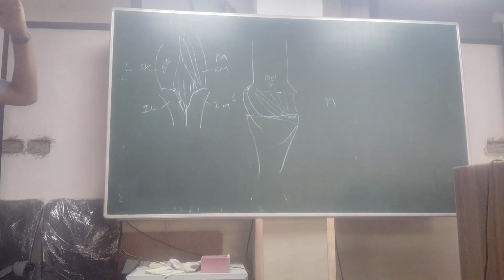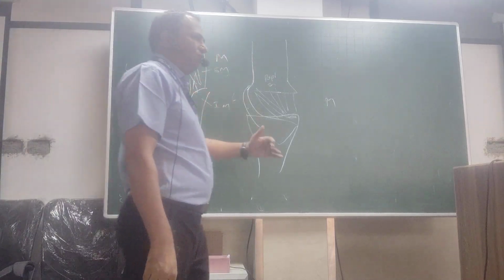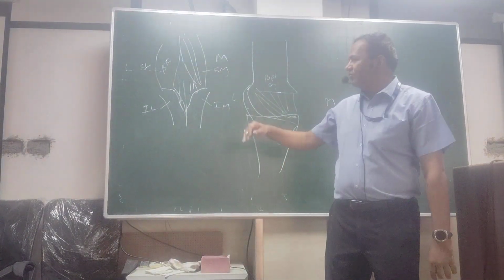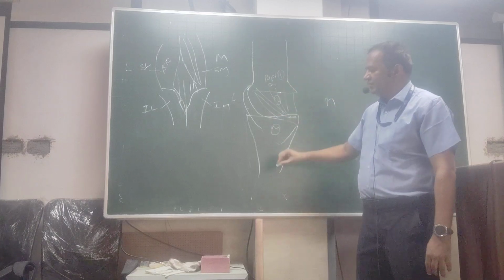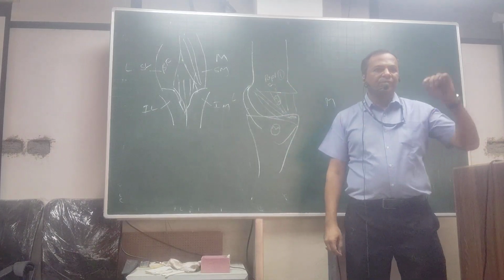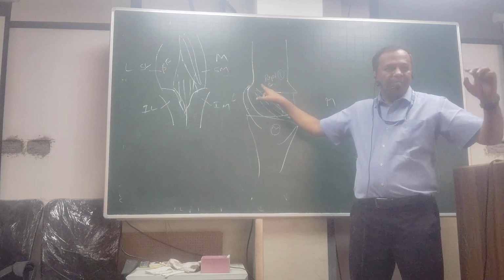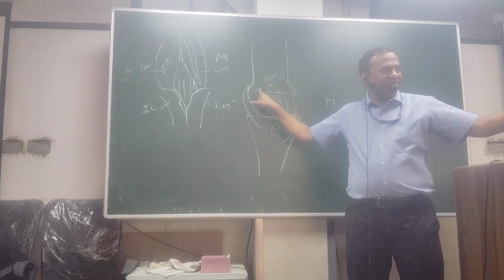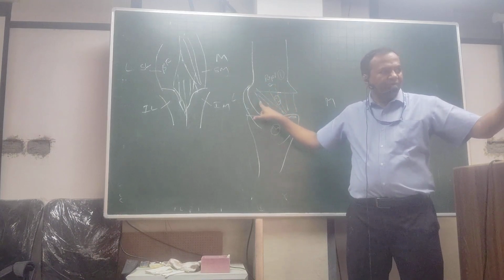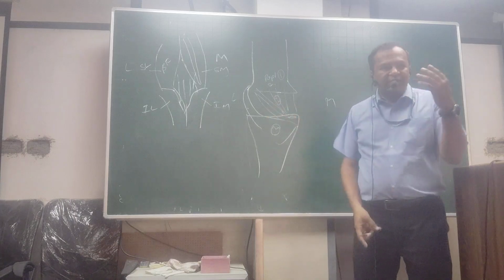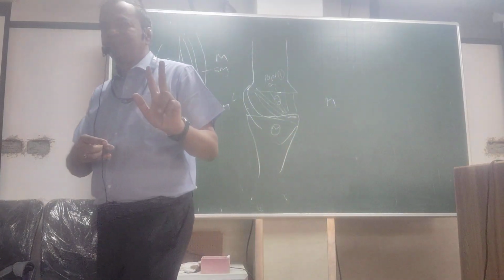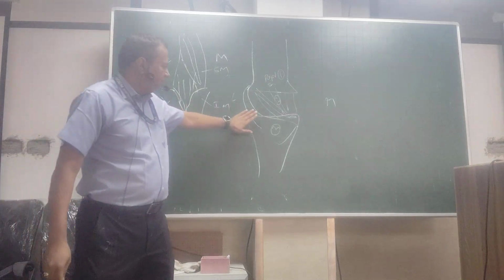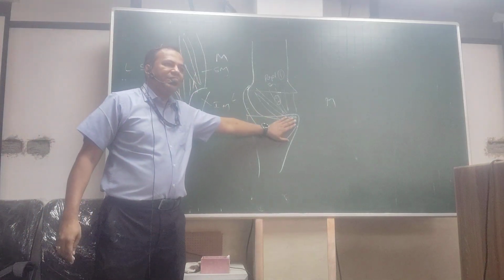So the floor of the popliteal fossa, above downwards, is formed by three structures. One, popliteal surface of femur. Two, oblique popliteal ligament and capsule of knee joint. And three, fascia covering popliteus muscle.